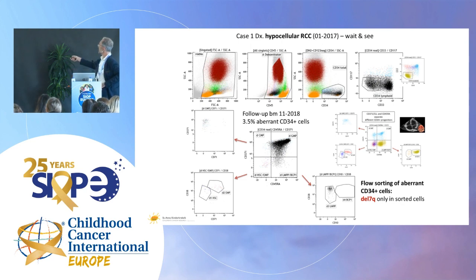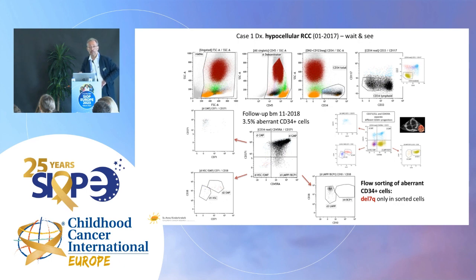But these CD34 positive cells were only in one chamber. This is very unusual because usually, as said, they come from here, they go from here. So if there is nothing, how can there be something? This is actually a sign of aberration, which has to do with the disease. And so what we did, we sorted them out and we actually found that there was a chromosomal aberration in those cells.